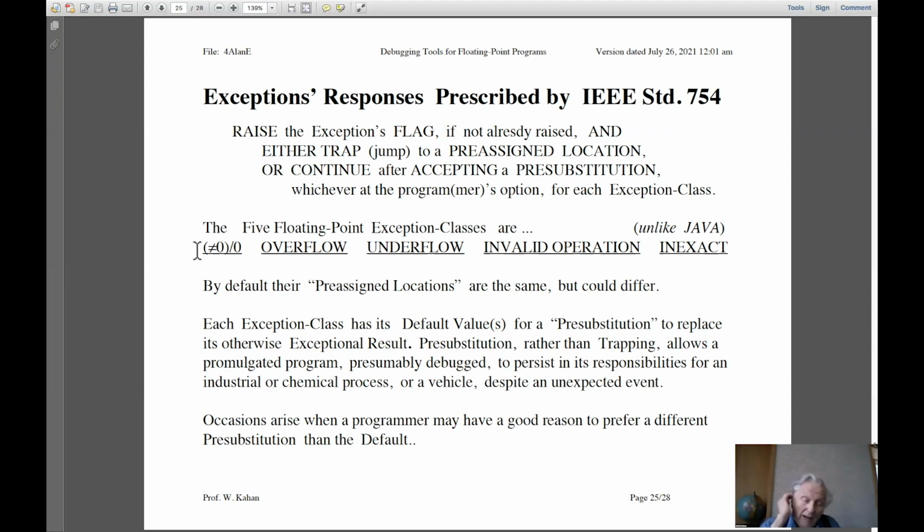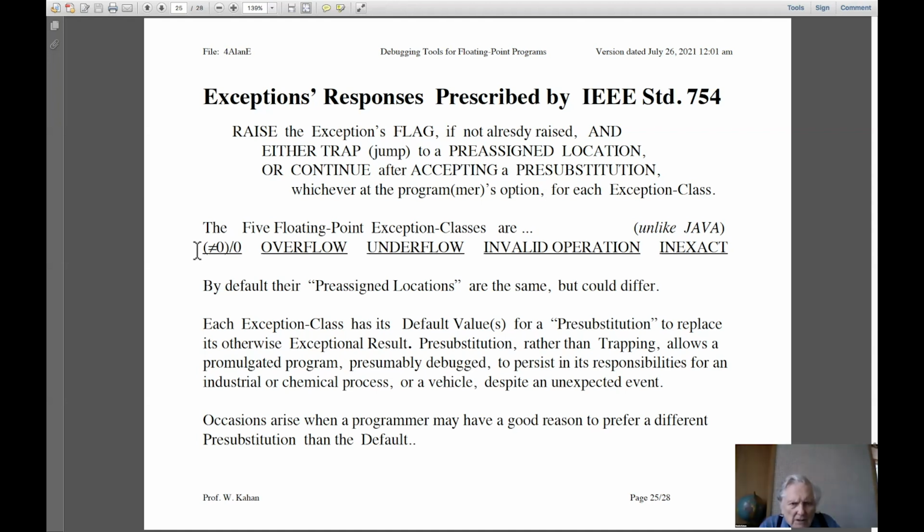If overflow happens, that's an exception. Whereas in Java, the word exception means something that you do in response to what I would call an exception. Well, I just have to warn you that words mean different things to different folks.